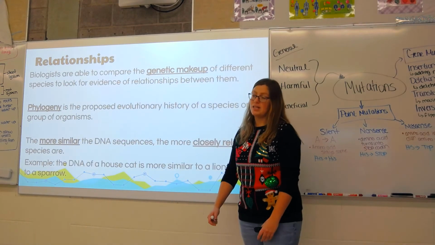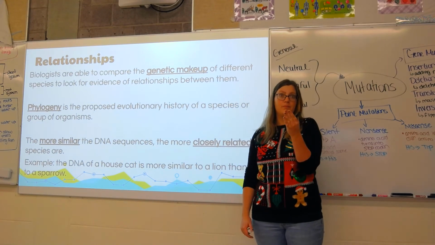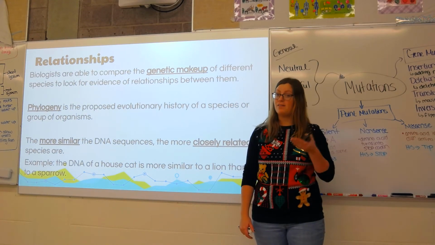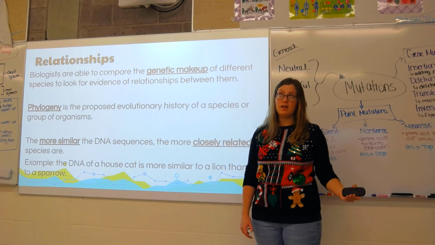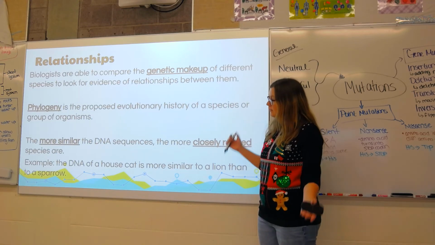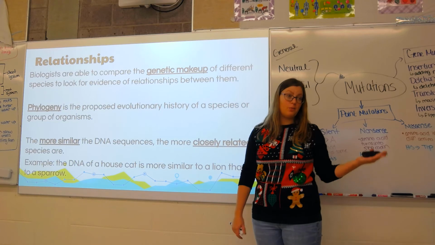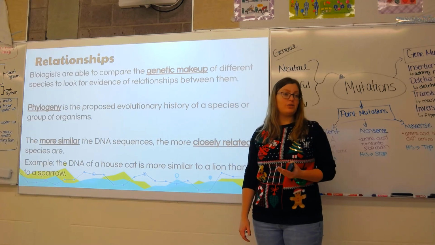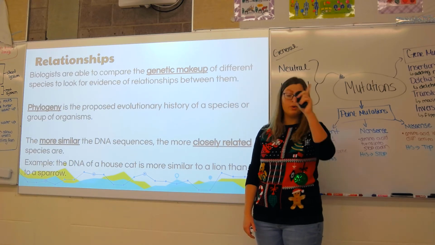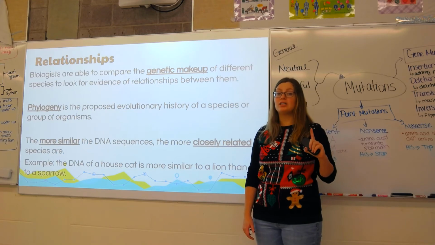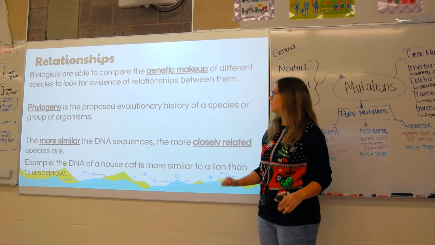So all of us have the same basic DNA sequences, so we all have the same bases, they're all doing the same thing, but we are all related because, again, we all, according to evolution, came from a single-celled organism way, way, way back in the day, and that single-celled organism has turned into all of the life on our planet.